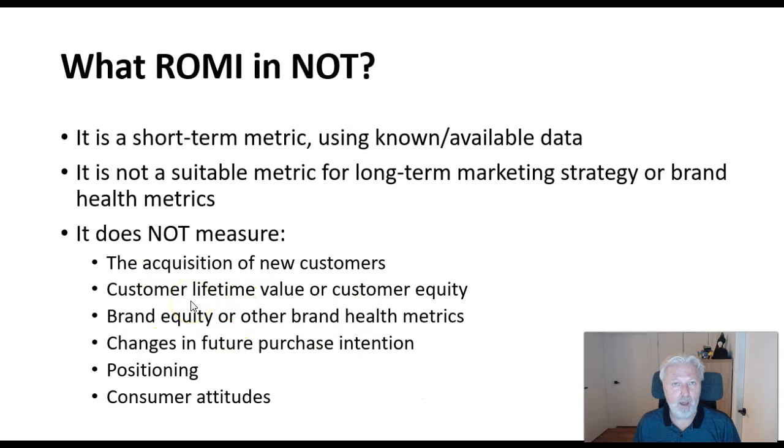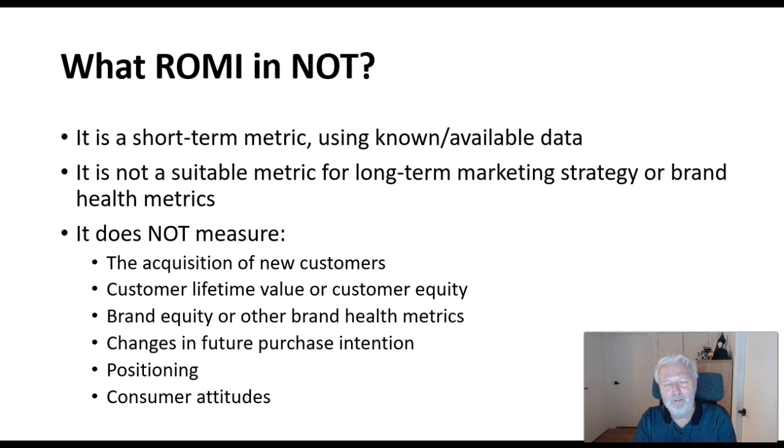Customer lifetime value or customer equity is far more suitable for measuring the impact of our marketing activities over time, and brand building and all of that. There's no brand equity in here. There's no brand health. Things like changes in future purchase intention. We could be selling brand new cars and somebody says, yep, in 3 years time I'm going to buy that brand.